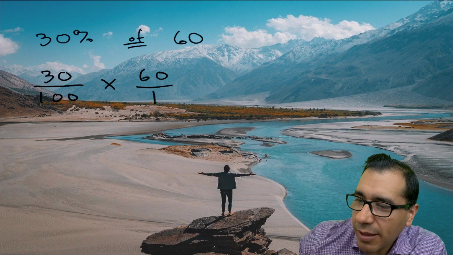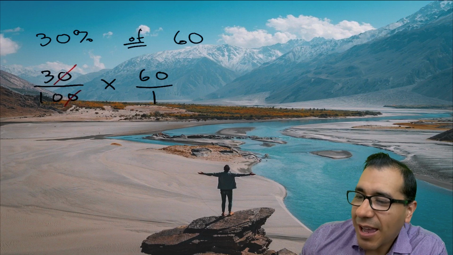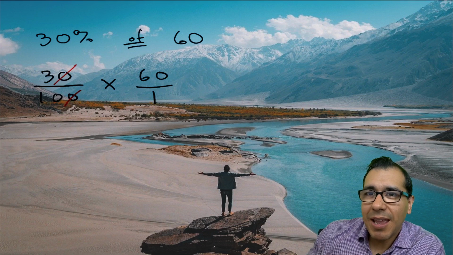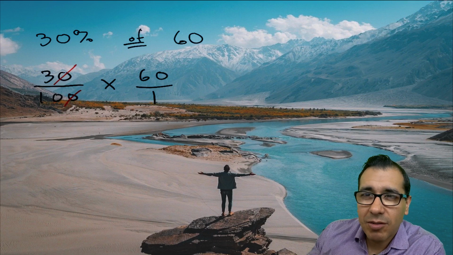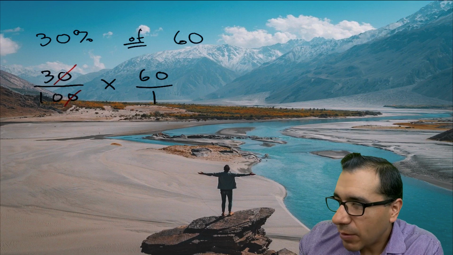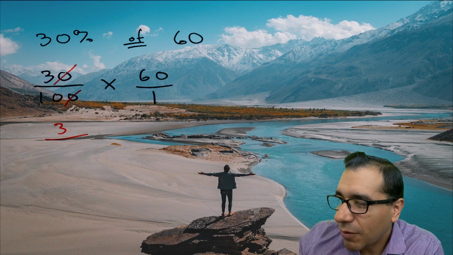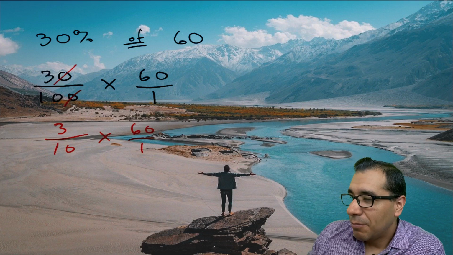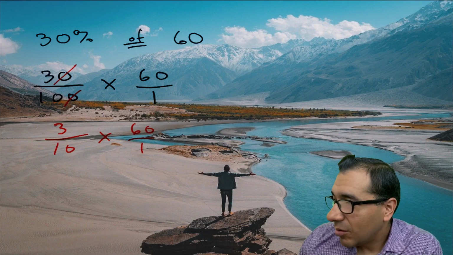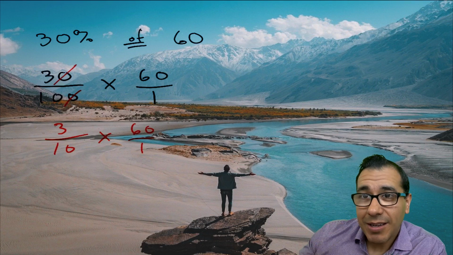Let's make this easier. That's what we do in math. So I'm going to divide both the top and bottom by 10. Essentially we're just canceling those zeros. So let's rewrite this. We're left with 3 over 10 times 60 over 1. But again, we could cancel these zeros using the same idea.